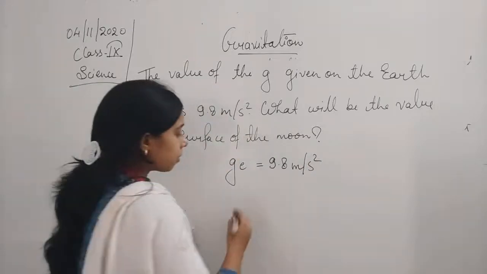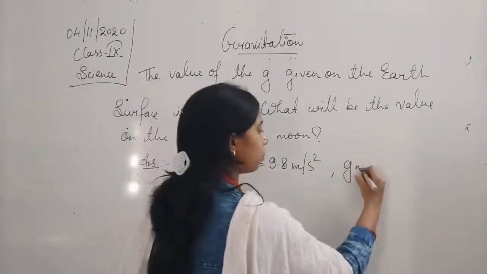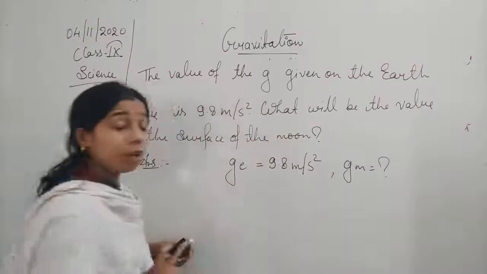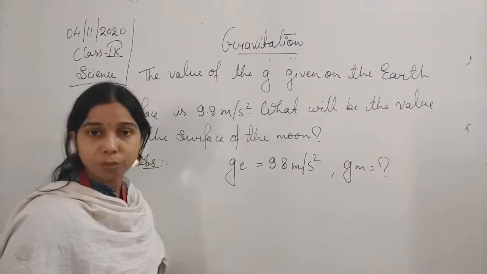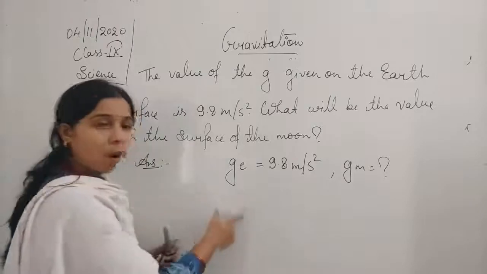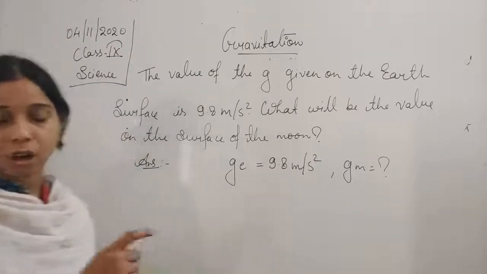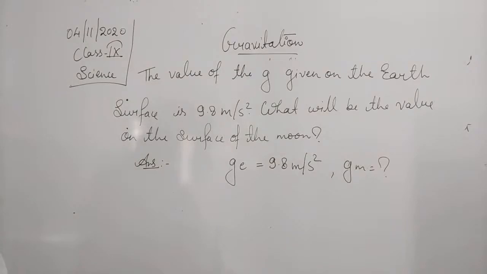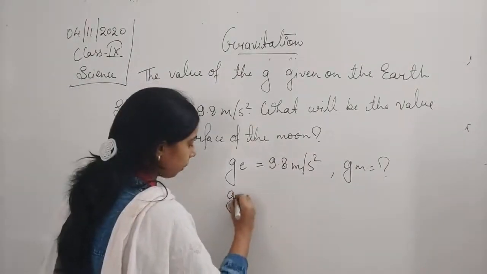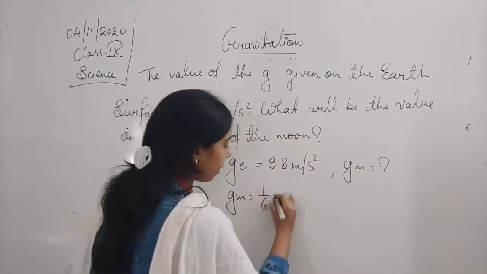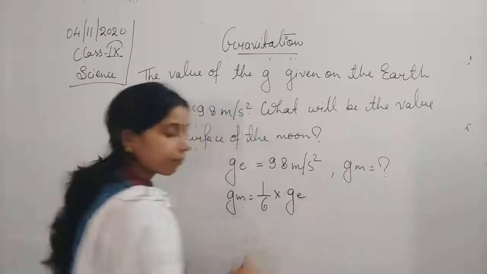Okay, and the moon is what we have to find. We know that the value of the acceleration due to gravity on the moon is 1/6 of the acceleration due to gravity on the earth. So we can say Gm will be equal to 1/6 into Ge.